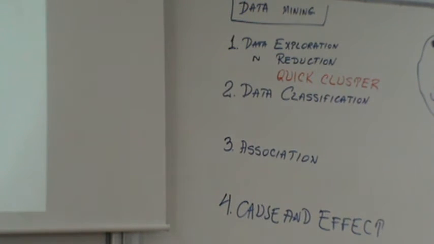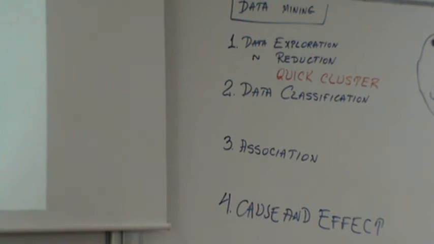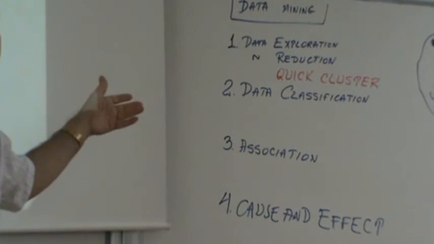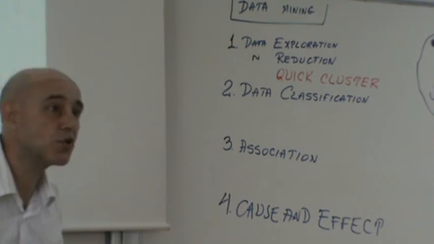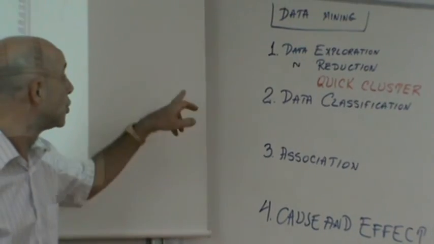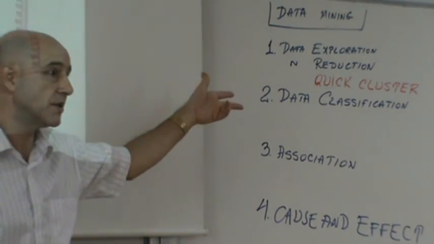It just says, give me the variables, give me the criteria in terms of number of clusters, maximum iterations, what you do with the missing values, and then print them, okay? It's very simple, very easy, very straightforward. It will take between 1 and 2 minutes to learn how to do it, okay?